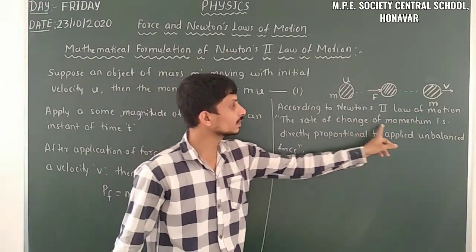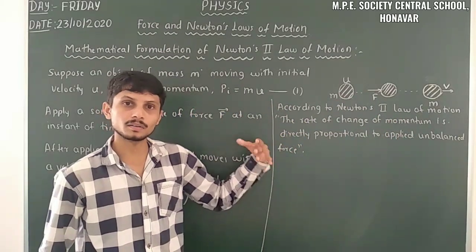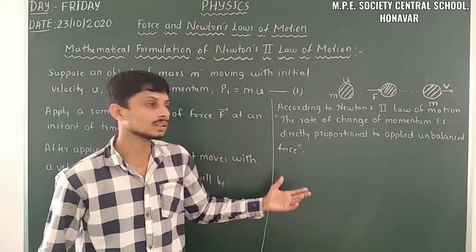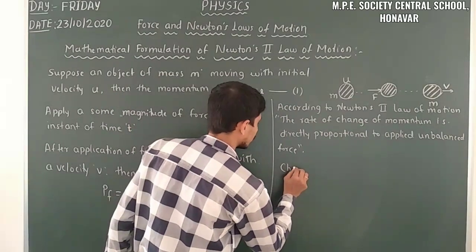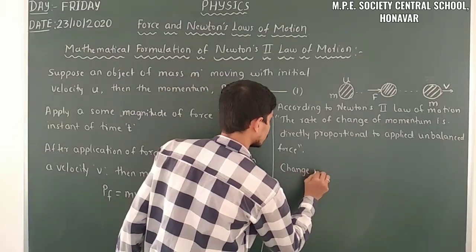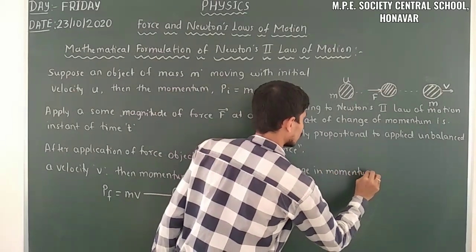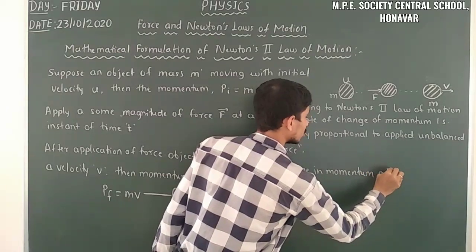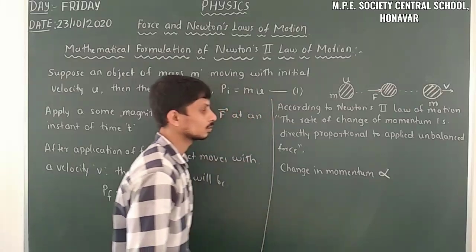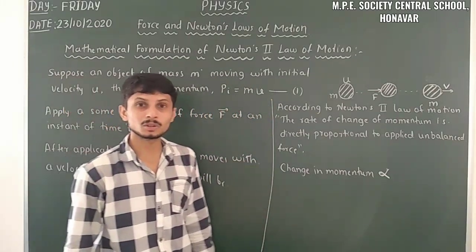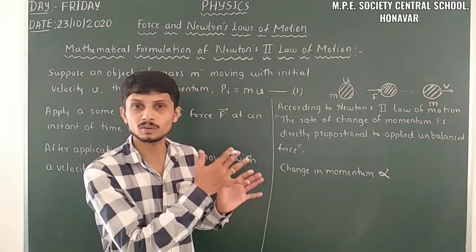So firstly we have to take the change in momentum. The rate of change of momentum I will take in the next part. What happens in the change in momentum? Change in momentum is directly proportional to. When we say directly proportional to, it means it is not equal, so there are some factors we have to multiply.